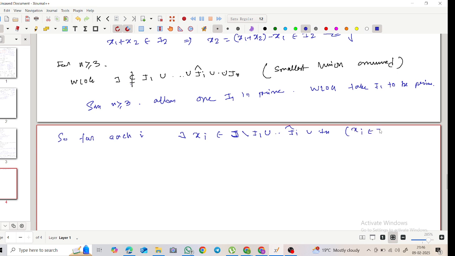Remember, this implies xi belongs to Ii. Because xi is in J, thus xi is in the whole union, i ranging from 1 to n. So if xi is in the union and not in the smaller union, it has to be in the ith term.